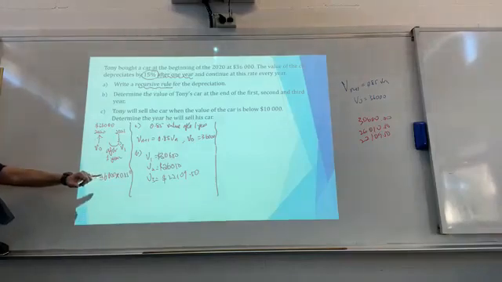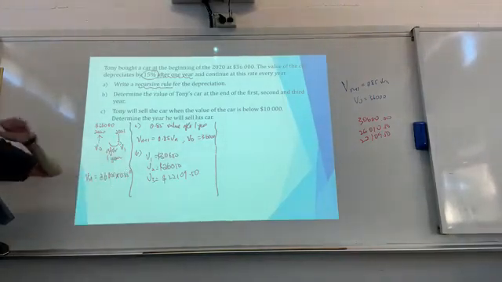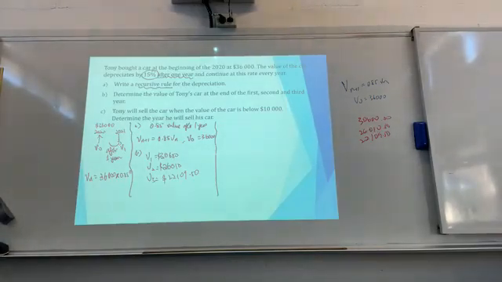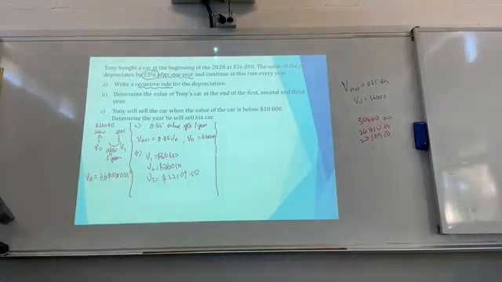We're going to start off with the initial value and find the value after 1 year. Think about it. We're just talking about after a certain time period. The word after is so important.